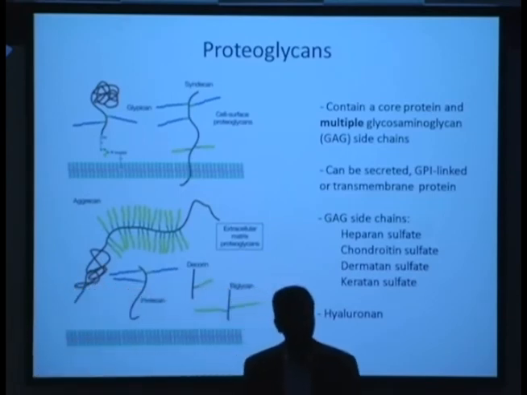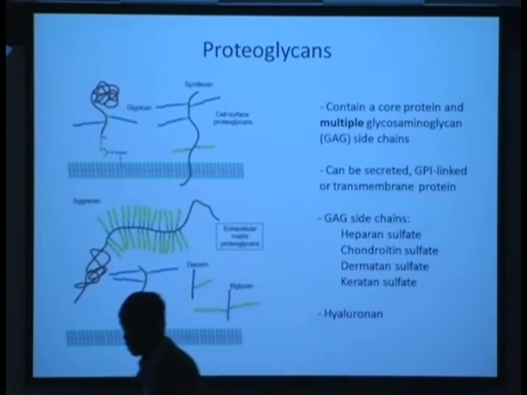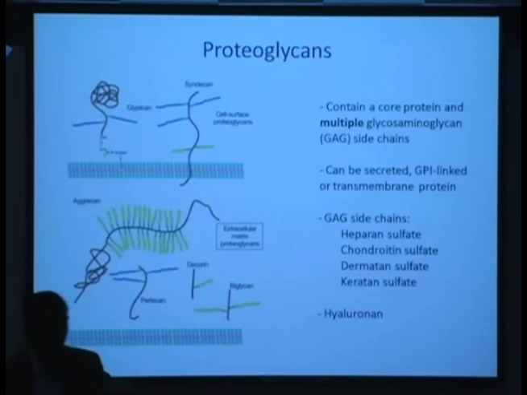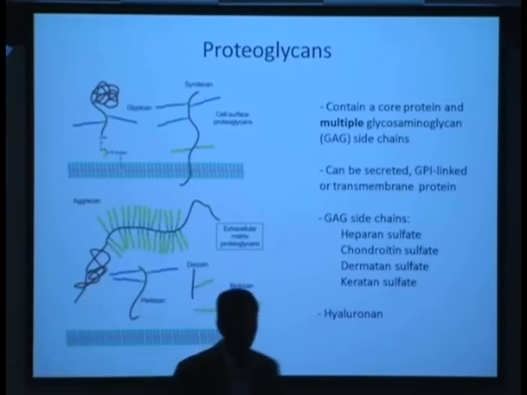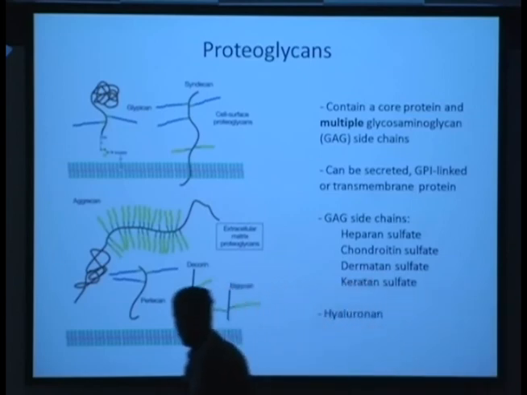So some proteoglycans are anchored through a GPI anchor, some are attached to the cell membrane through a transmembrane domain, and some other proteoglycans get secreted. All these proteoglycans have many different carbohydrate polysaccharide side chains: heparan sulfate, chondroitin sulfate, dermatan sulfate, keratan sulfate.